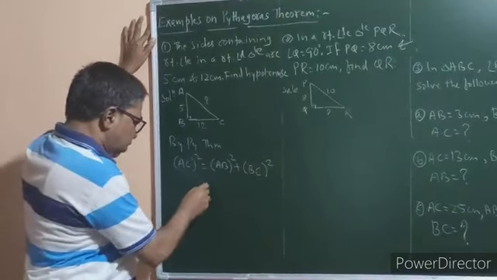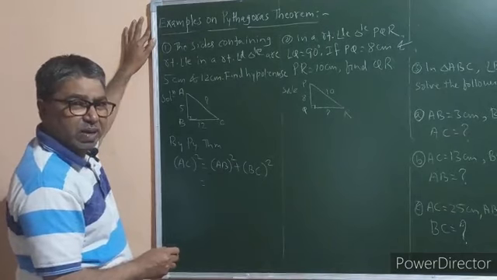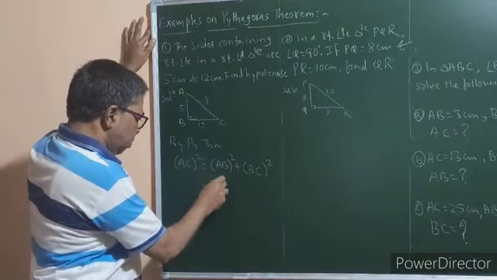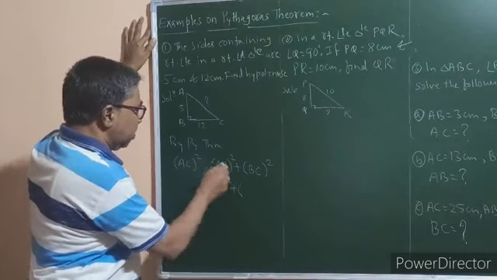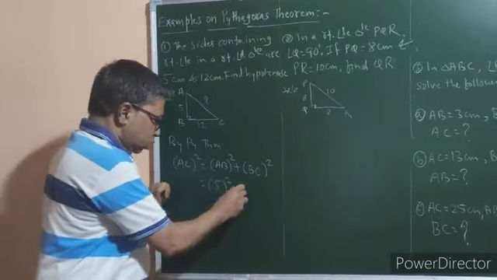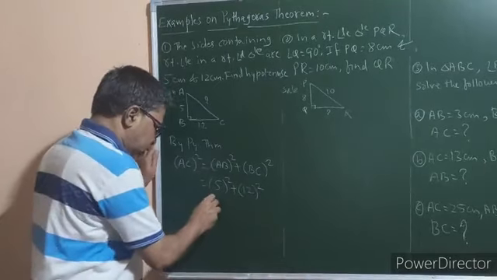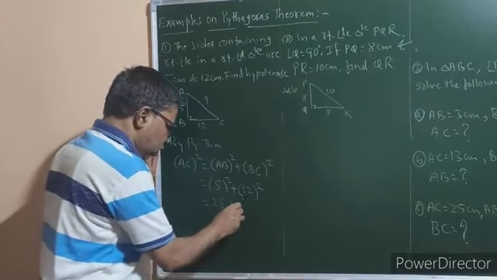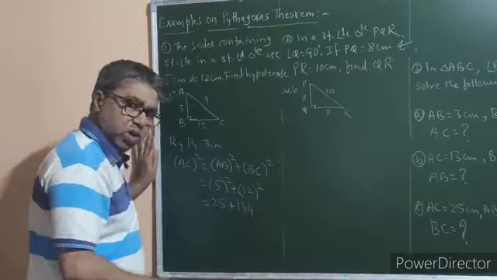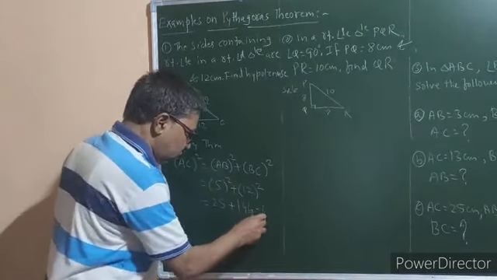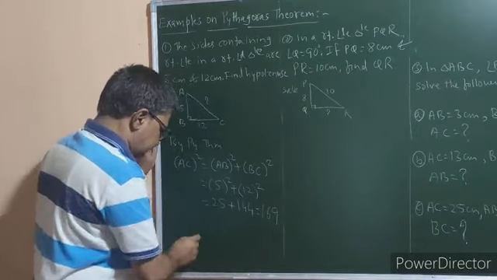Now this equals to, in the second step, let us substitute the values. The length of AB is 5, bracket square, the length of BC is 12, write 12 bracket square. Take the square of 5, that is 25, plus the square of 12, that is 144, and the sum of 25 and 144 will be 169.